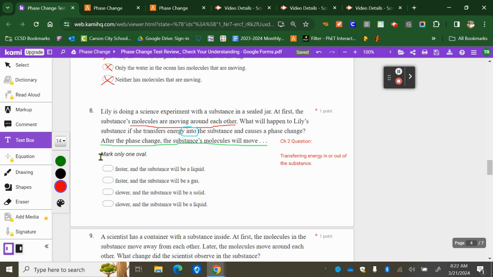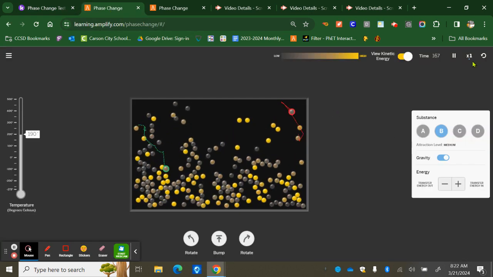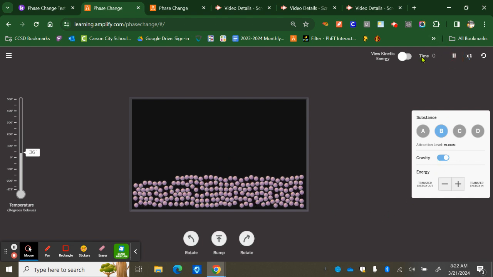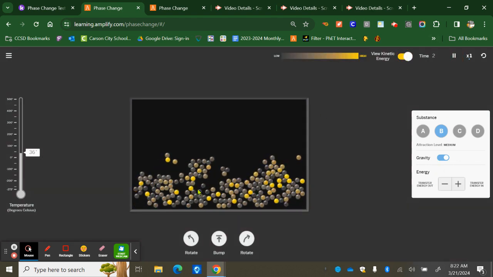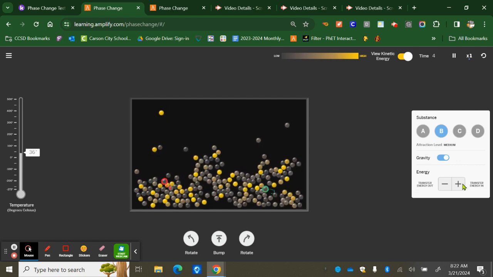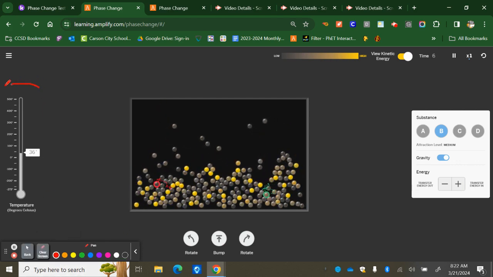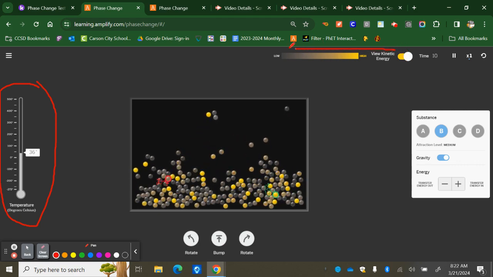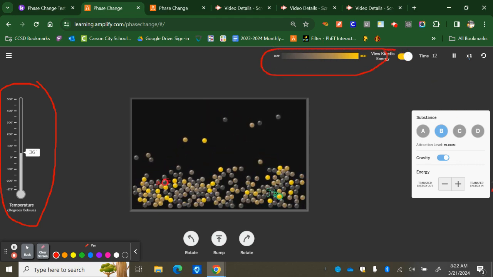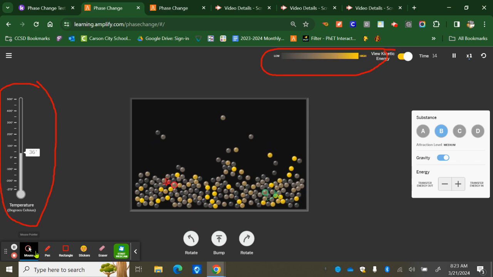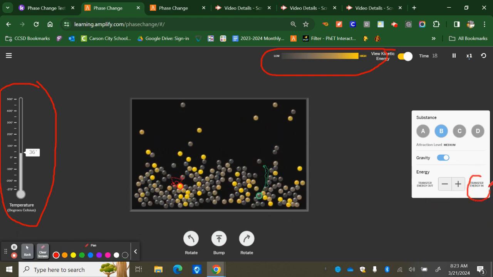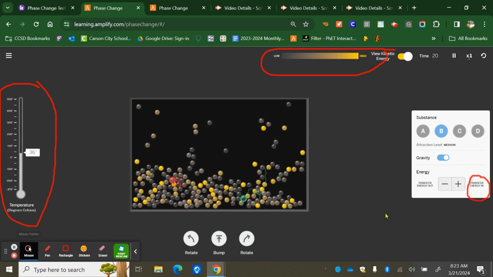Remember, if I transfer energy in, pay attention to the temperature and to the amount of kinetic energy. Here we go, transferring energy in.